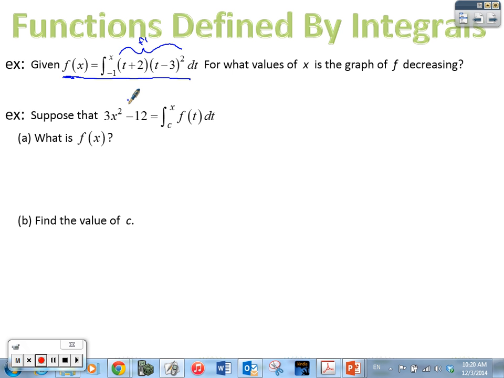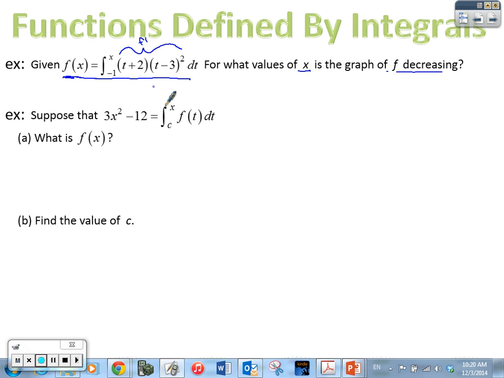So this particular question asks us, for what values of x is the graph of f decreasing? Going back to our knowledge of calculus, how do we find increase, decrease of a function? We take the derivative, we set it equal to 0, we do a sign chart, right? And this actually is the derivative right here. We've identified the relationship between the integrand and what it equals.